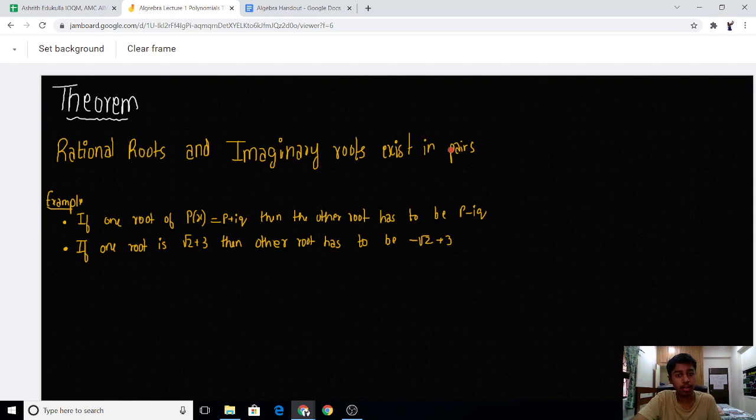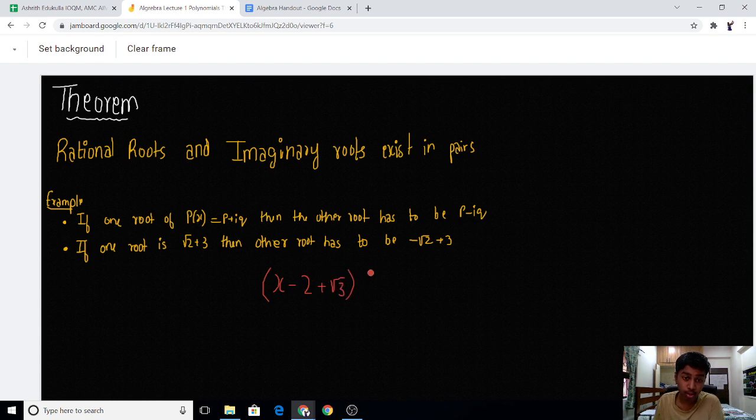So a theorem, if I have an equation like, for example, I have x minus 2 minus root 3 as one root. Okay, fine, one second. So I have one root as x minus 2 plus root 3.